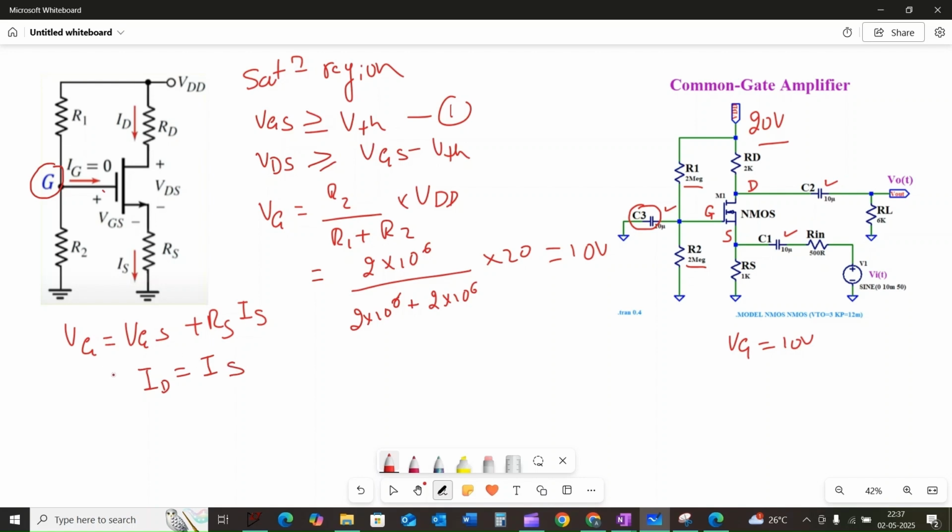And in the saturation region, the drain current ID is given by ID is equal to Kn times (VGS minus Vthreshold) the whole square. It is valid when the MOSFET is in the saturation region.